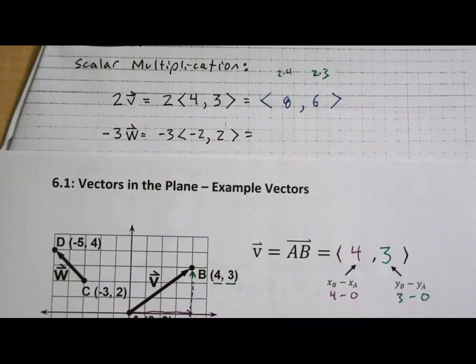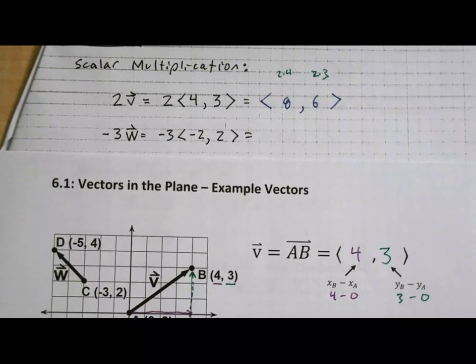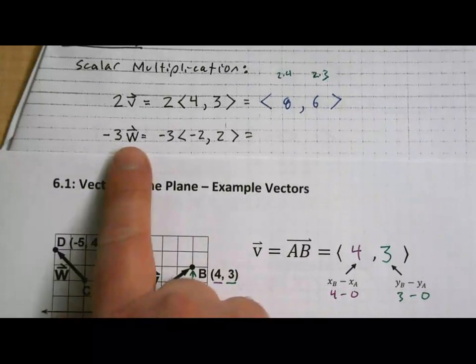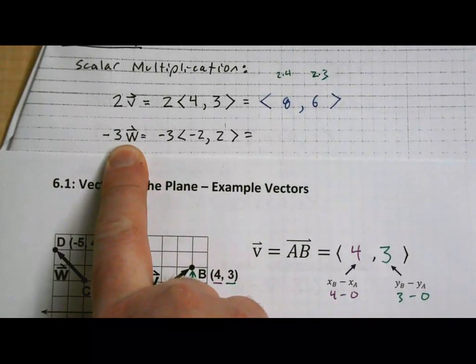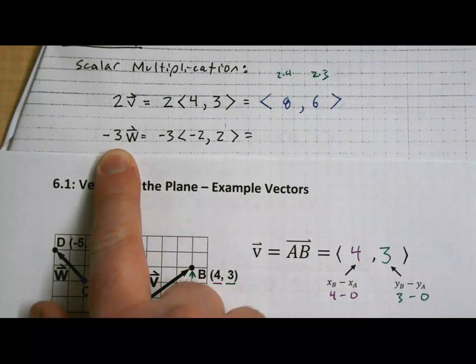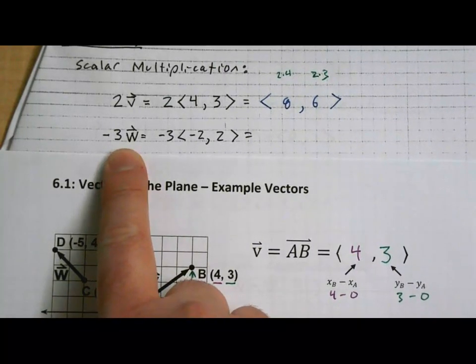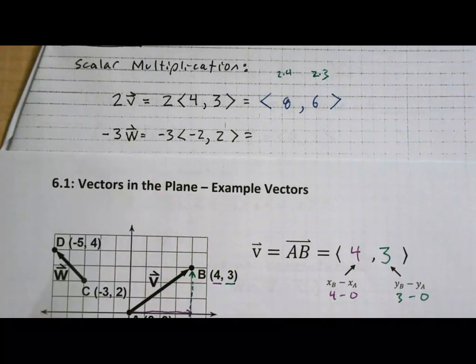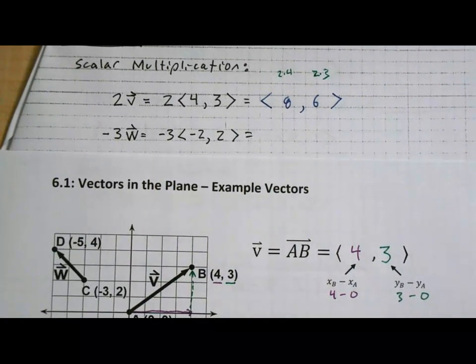All right, would you guys please do -3? Well, I want you to say it. Say this in your head as you're writing it down, or out loud is fine too. -3 times the vector w. -3 times vector w.